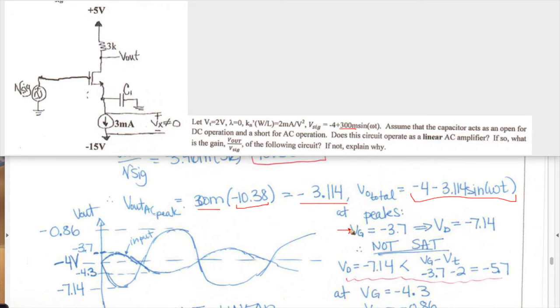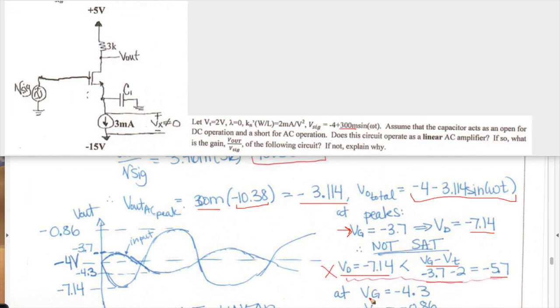For VG at minus 3.7, you're going to get the output VD at minus 7.14, because this is inverting, meaning that when you put in the highest value, you get the lowest value out. Then we compare to VG minus VT: minus 3.7 minus 2 gives minus 5.7, but that is greater than V out. Therefore, this is not saturated in this position.